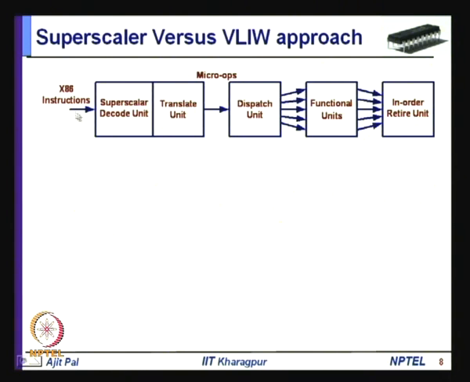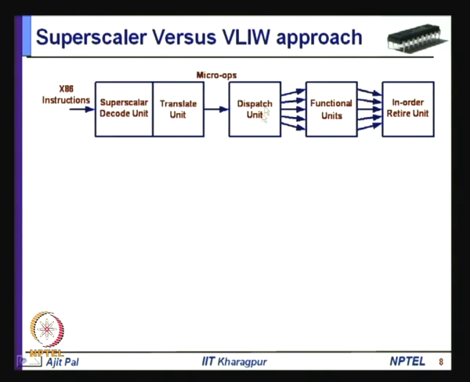Those complex instructions are translated into several micro operations which are typically simple operations like those performed by RISC processors, reduced instruction set computers, and then they are sent to another piece of hardware known as the dispatch unit.